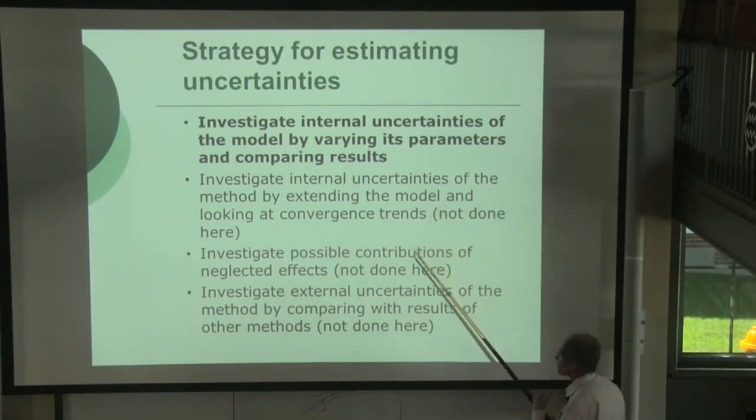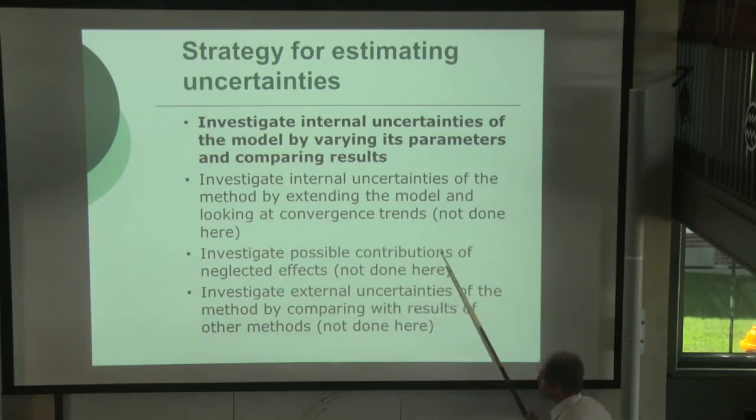To have a complete understanding of your uncertainties of your atomic calculation, you also have to investigate other things like convergence trends and look at the length and velocity form comparison, for example, whatever means possible, and investigate possible contribution of neglected effects.